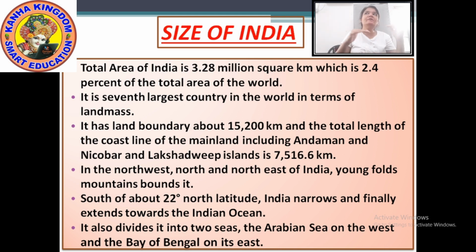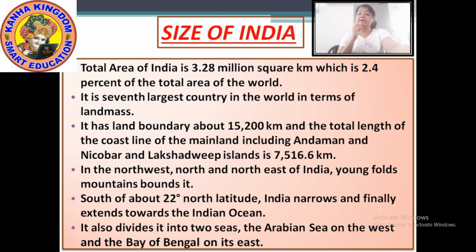Now the horizontal distance, from west to east, is 2,933 kilometers. Or more easily you can say that from Gujarat to Arunachal Pradesh, the distance is 2,933 kilometers. Have you understood? Okay.